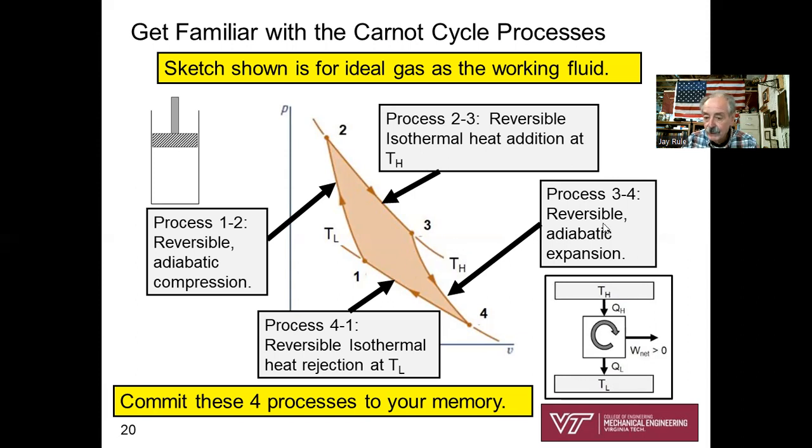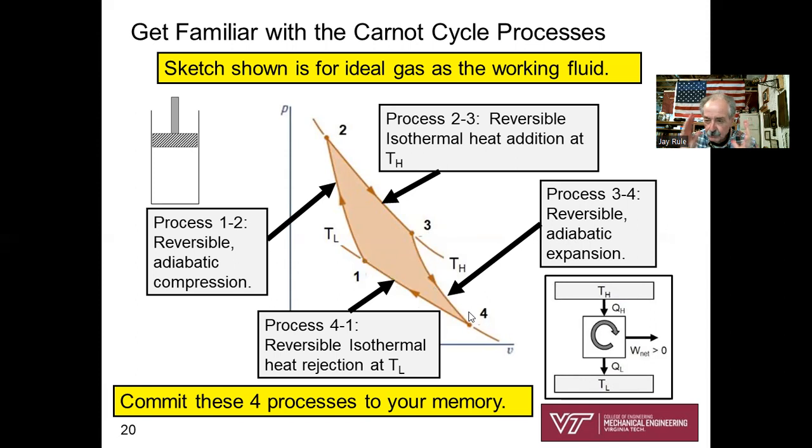Process 3 to 4. Reversible and adiabatic, that's no heat transfer, expansion. Reversible and adiabatic expansion, okay? Adiabatic, no heat transfer. And then finally, to get back to state 1, we've got a heat rejection process in which we're rejecting heat at constant temperature.